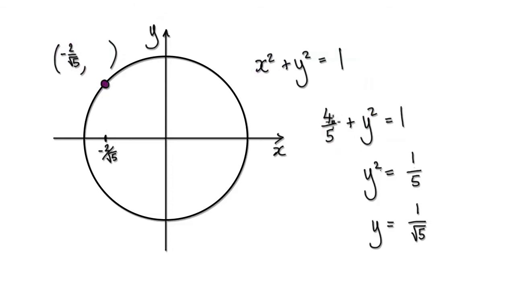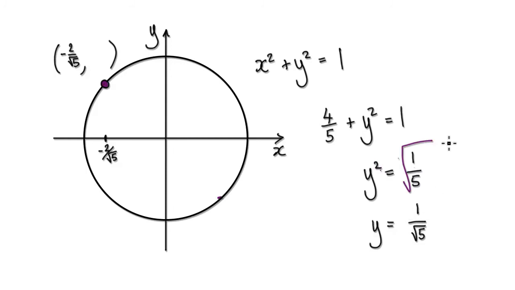So take away 4 over 5 from both sides, that will then give us this thing here, square root you get the positive version and the negative version. I don't care about the negative y, so I'm only interested in the positive y. So that will then give us this thing here.